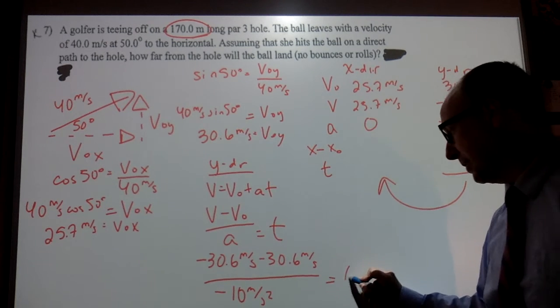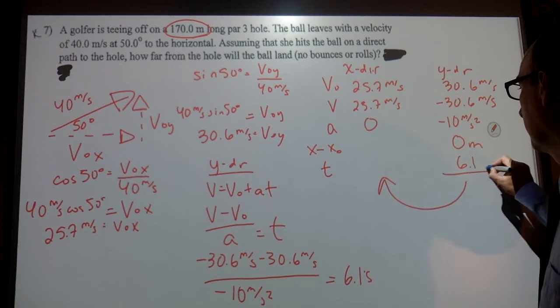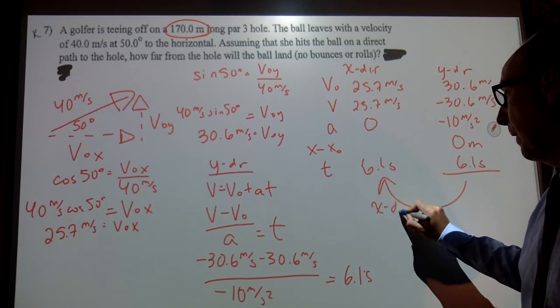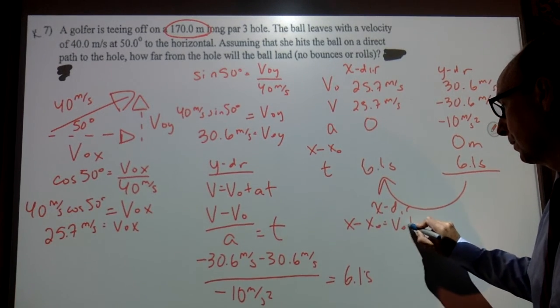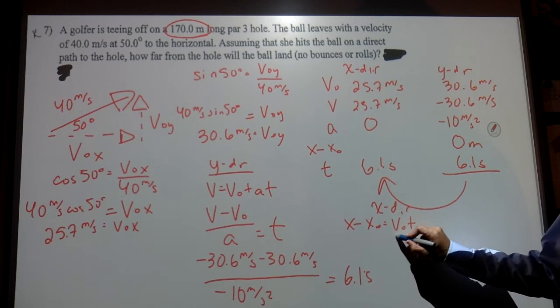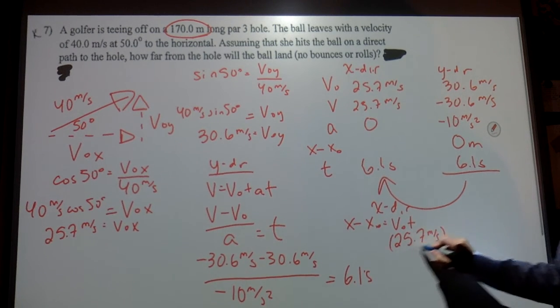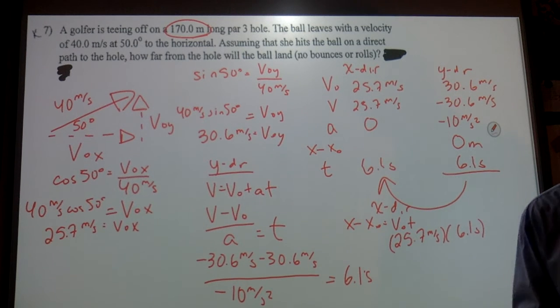So that's going to give me 6.1 seconds. Then if I plug this in here, I can consider the x direction. And again, my acceleration is 0, so the 1/2 at squared part is gone. So I'm just going to have 25.7 times 6.1.